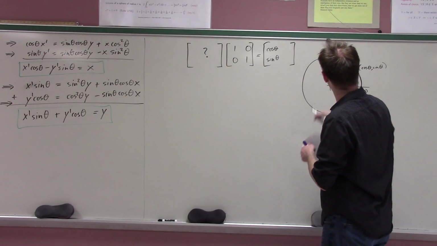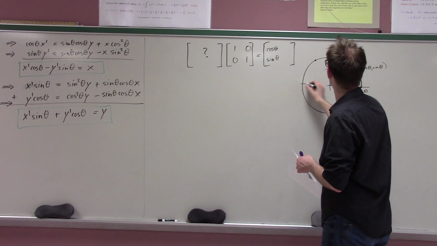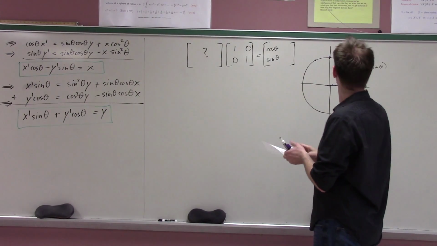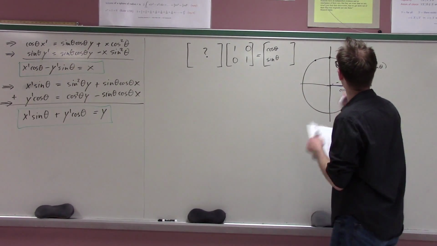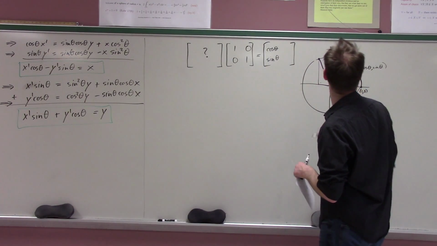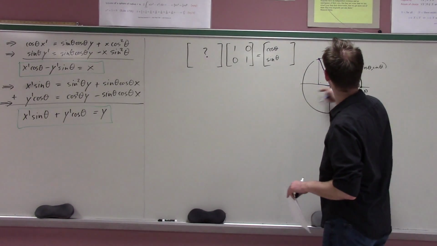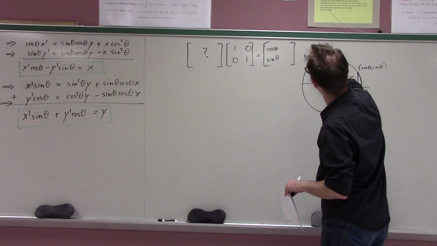Well, 0, 1 is going to end up here, and what is that point? Just by looking at this, you can see that it's going to be negative sine theta, cosine theta.